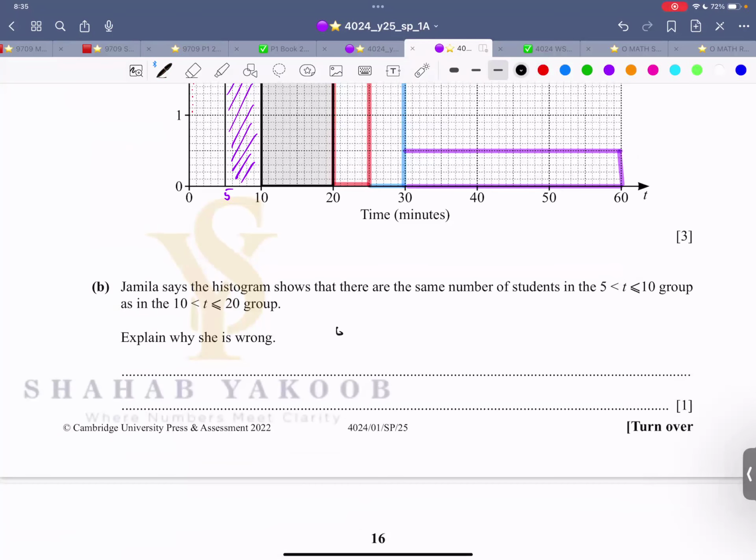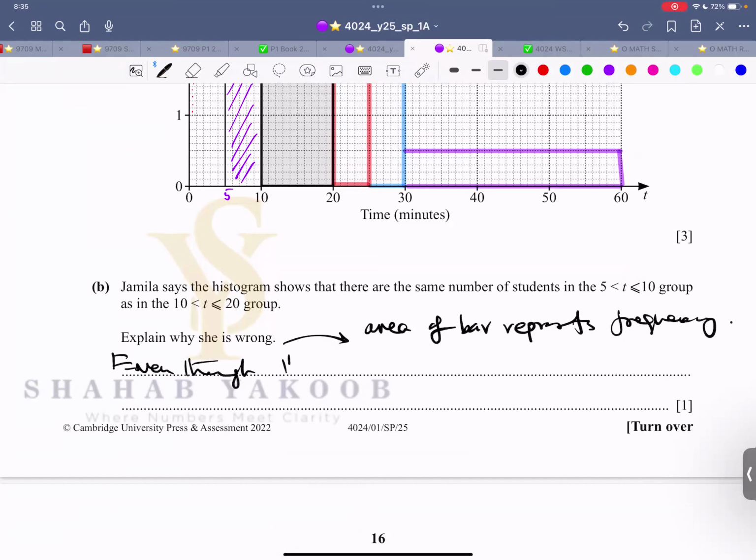The reason is, first of all, the area of the bar represents frequency. Even though the bars have the same height, the widths are different.